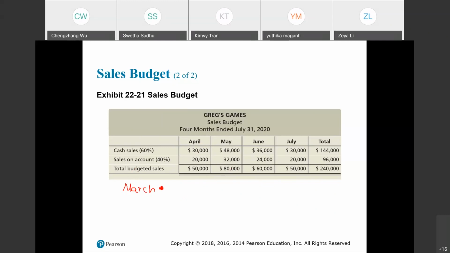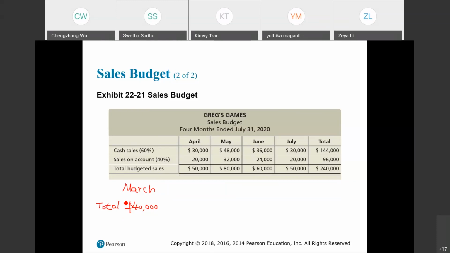Well, in March, the actual total sales is $40,000. Among this $40,000, 60% is on cash, and 40% is on account.